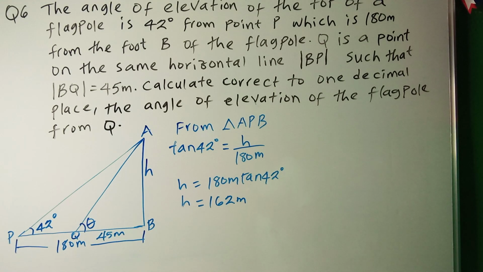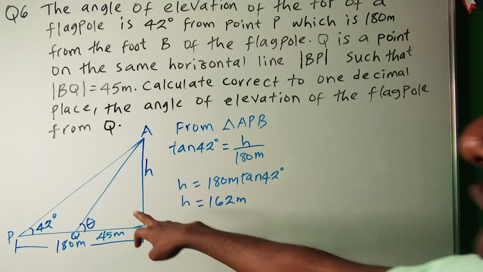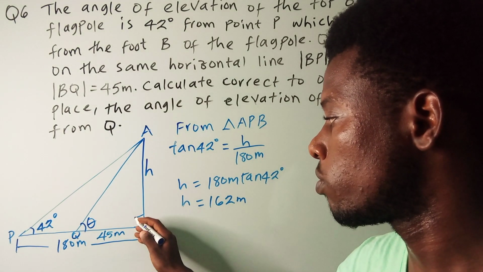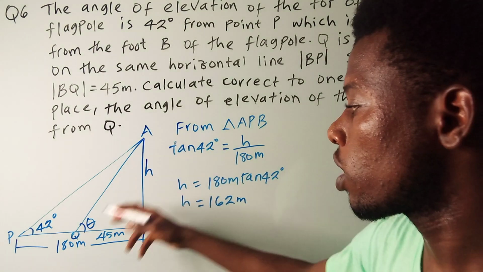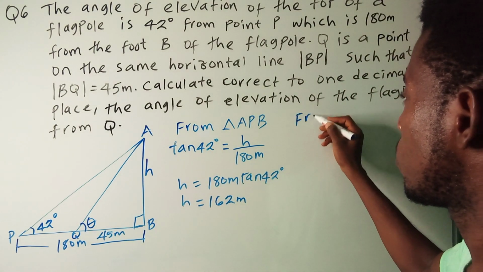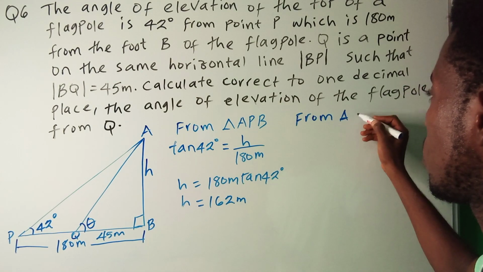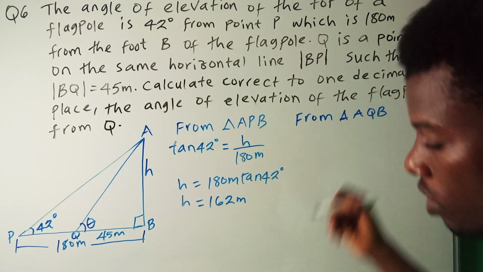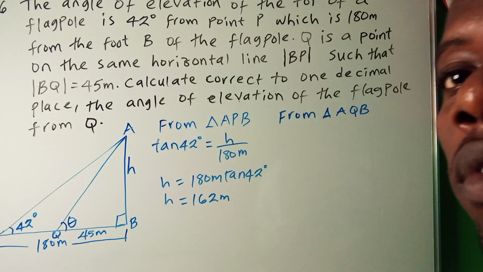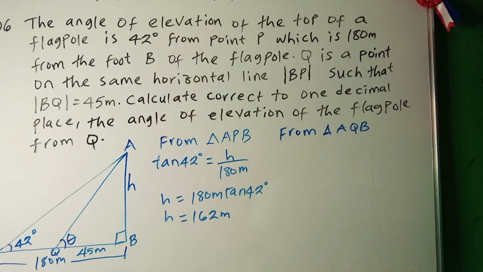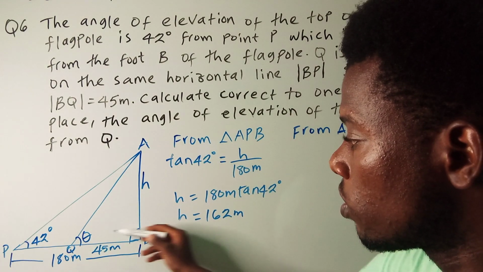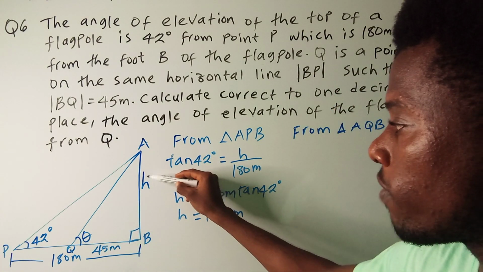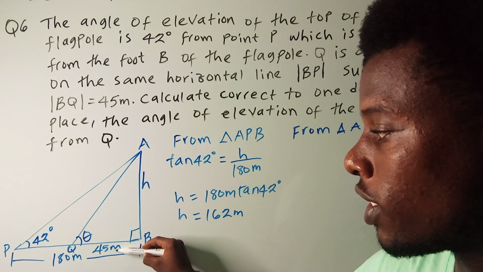Great. After that, we will need to consider this smaller triangle. Remember, this is a right angle, so the angle between the ground and the flagpole is 90 degrees. This small triangle is triangle AQB. From triangle AQB, this angle is theta, and we have the opposite side and the adjacent side for this triangle.